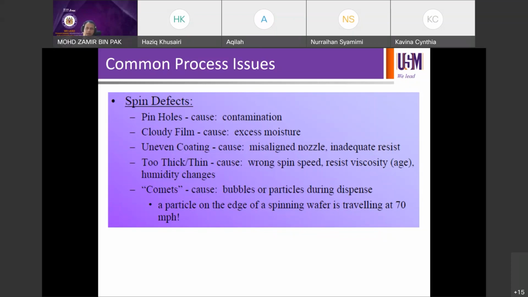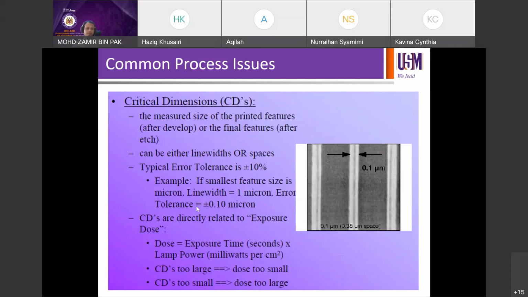So aging will be the issue, especially if the loading, the order daripada customer tak banyak. Bila order tak banyak, you run the resist less, so therefore tak habis lah, macam tak habis guna. Or humidity changes, or fluctuation, comet defects, okay, bubble or particle during dispense.